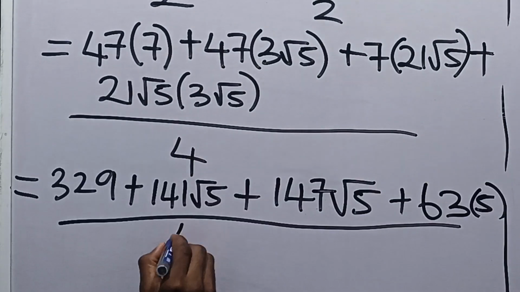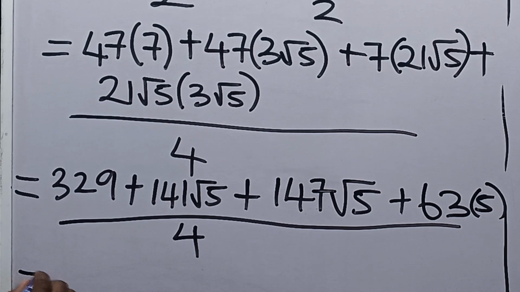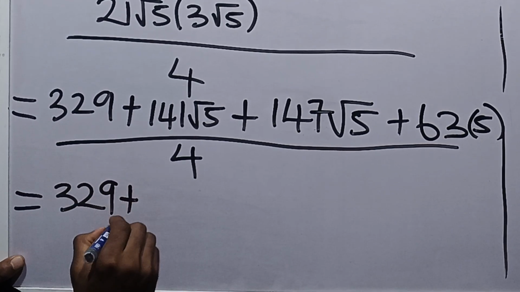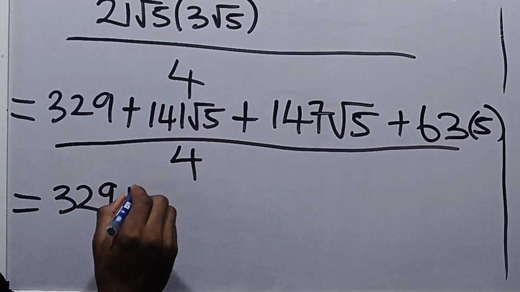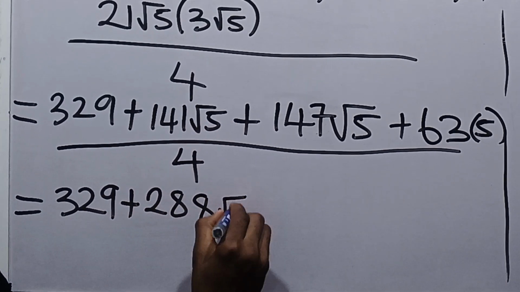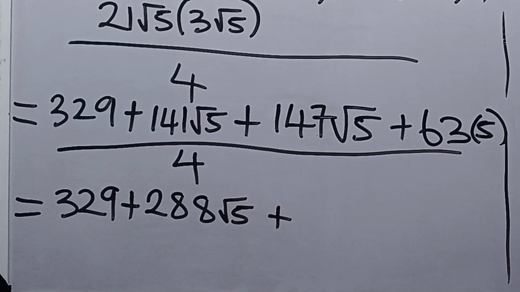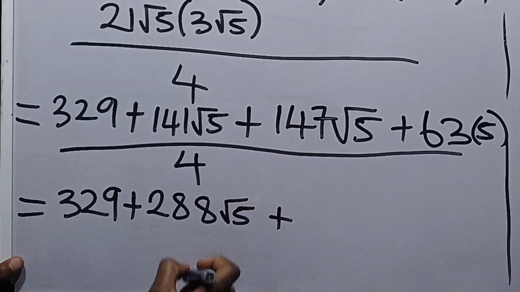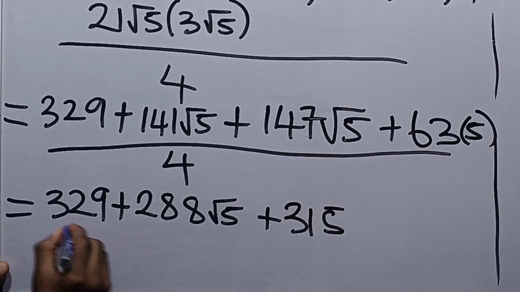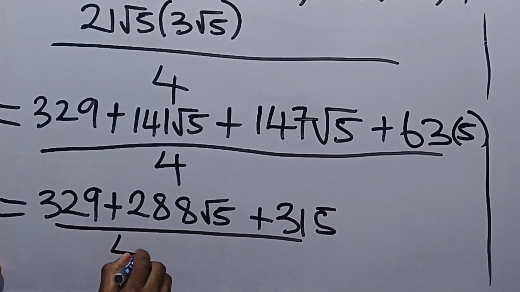Okay, so this is equal to 329 plus 141 plus 147 is 288 root 5, plus 63 times 5 is 315, divided by 4.